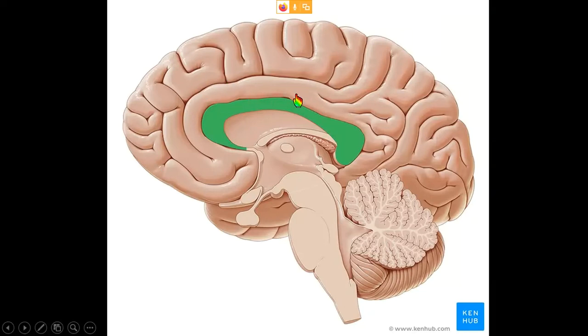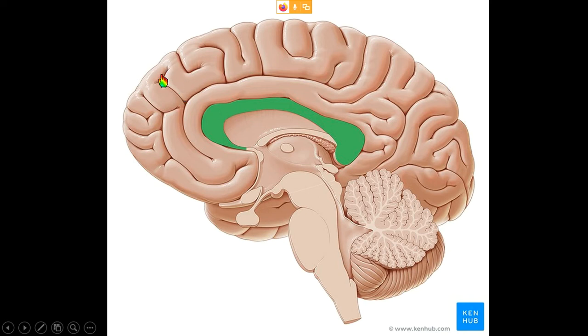On the medial surface we can identify the tracts or the fibers, the axons of the neurons, extending and joining with the opposite side cerebrum. Here we are just seeing the right half of the cerebral hemisphere and the fibers connecting with each other.